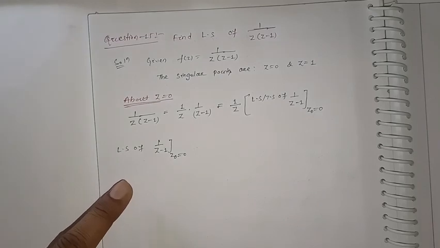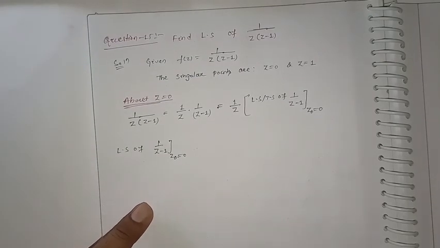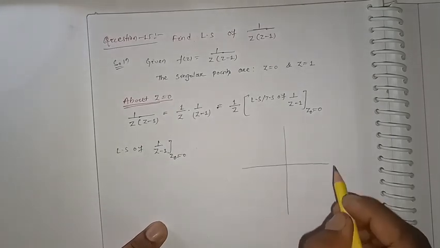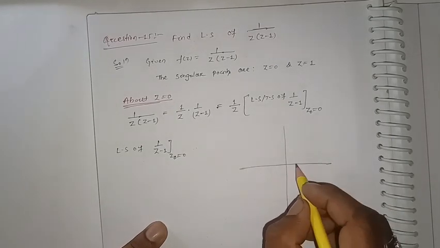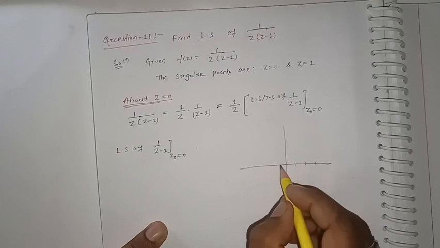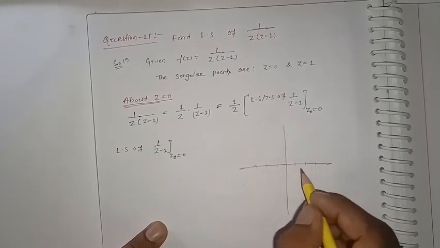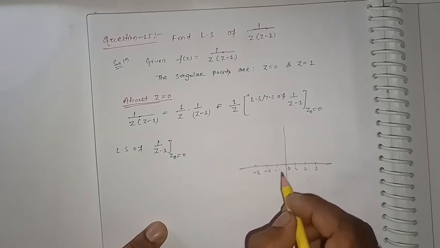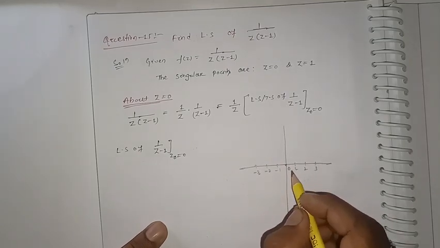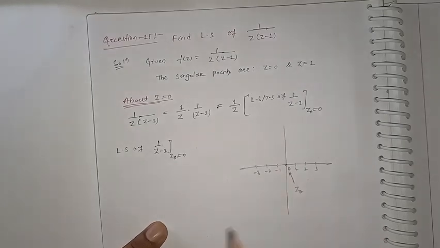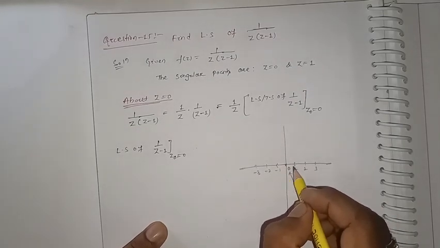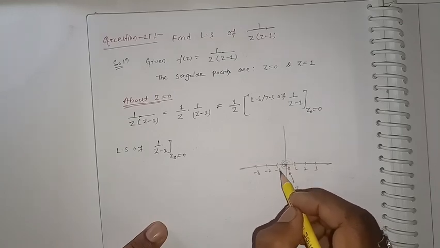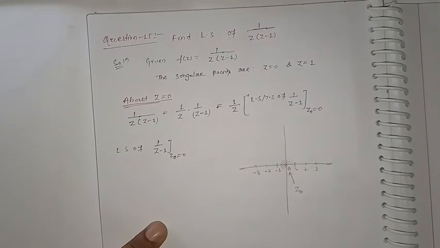For that, first we have to draw the figure. I told you that the figure is always most important. Here I am drawing by hand, but I suggest that you use a scale, pencil and rounder: 1, 2, 3, minus 1, minus 2, minus 3, like this. This is your 0. Okay, about 0 we have to find it. So this 0 is your z0. If this function is going to spread from this point 0, then it will interact with its singular point.